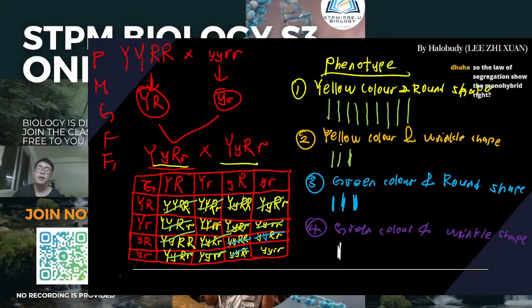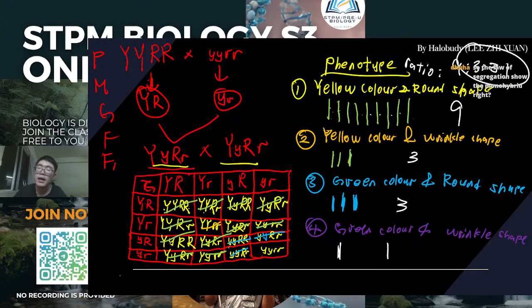So when you compare all, this one got 1, 2, 3, 4, 5, 6, 7, 8, this one got 9. This 3, 3, 1. So the phenotypic ratio for this one is 9, 3, 3, 1. So how do we get 9, 3, 3, 1? Because of this.